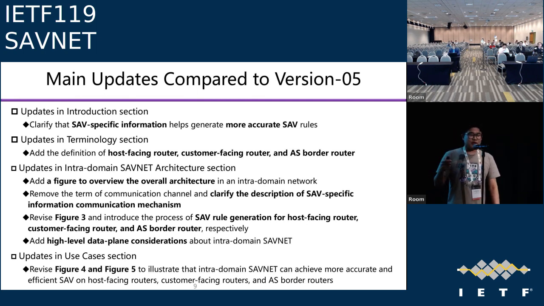We also revise figure 3 to introduce the process of sub-rule generation for different routers in intra-domain SAVNET, and then add high-level data plane considerations about intra-domain SAVNET. We also update the use cases section to illustrate that intra-domain SAVNET can achieve more accurate and more efficient validation on host-facing router, customer-facing router, and AS border router.